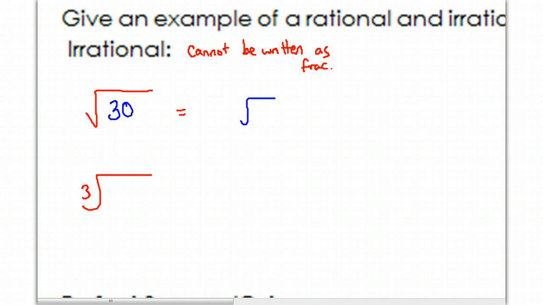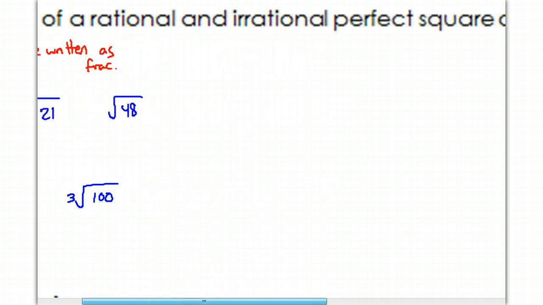Or you could say 21. Anything that's not a perfect square, like 48. For cubes, just anything that's not a perfect cube. So you can't use 1, 8, 27, 64, but you can use any other number, like 3, or you could say cube root of 10, or cube root of 100, because any of those are going to give you a decimal that can't be written as fractions.